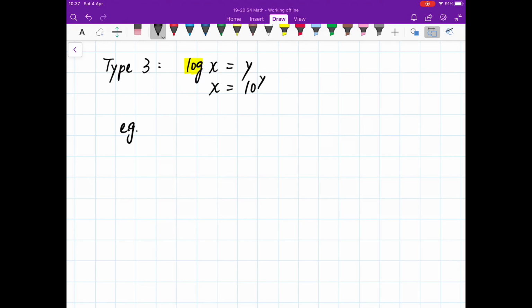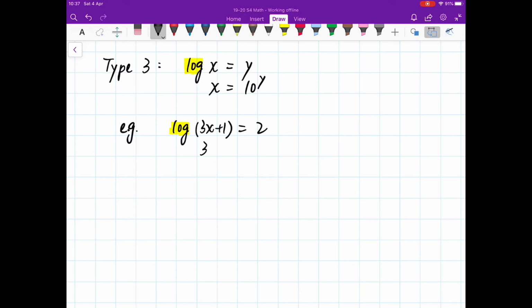So for an example, log (3x plus 1) is equal to 2. As you can see, on the left hand side there is a log function, while on the right hand side, no log function is here.